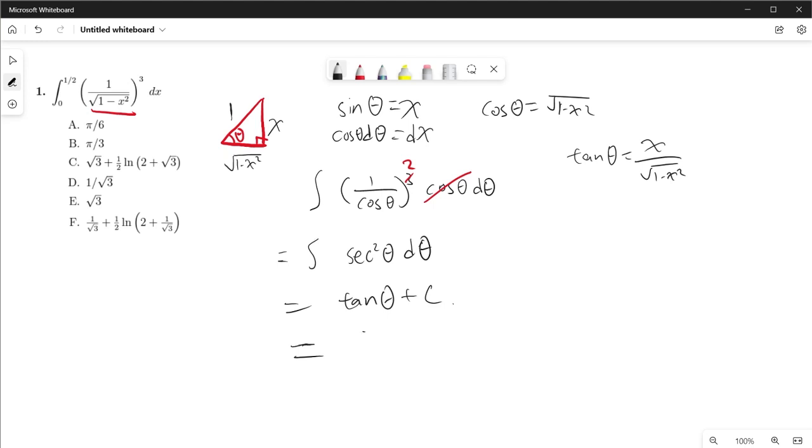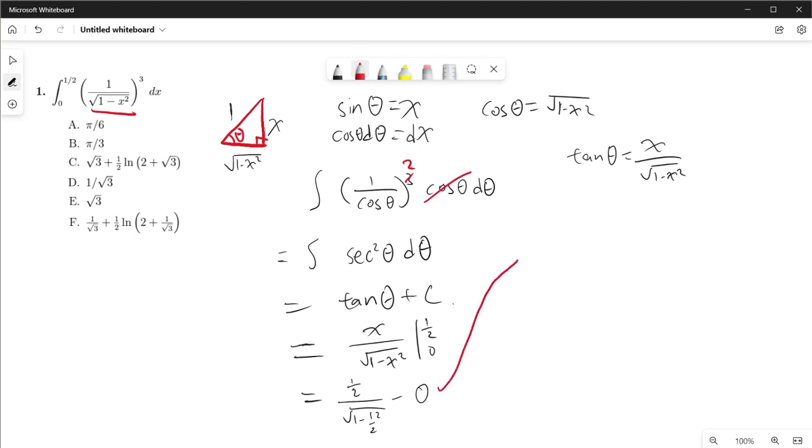So then now we have x over the square root of 1 minus x squared evaluated from 0 to 0.5. So we will have 1/2 over the square root of 1 minus 1/2 squared, and then minus 0 over 1, which is 0.